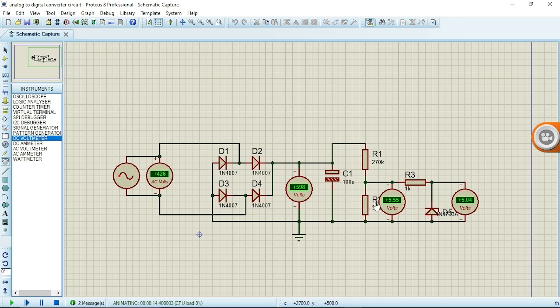So what do I need to protect my IC from damage? I have to stabilize this voltage to 5 volts. So I use a Zener diode to stabilize it, and I have 5.04 volts, which is actually 5 volts. This is good for my IC.